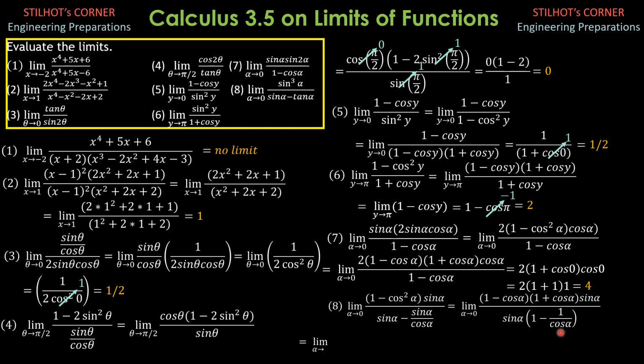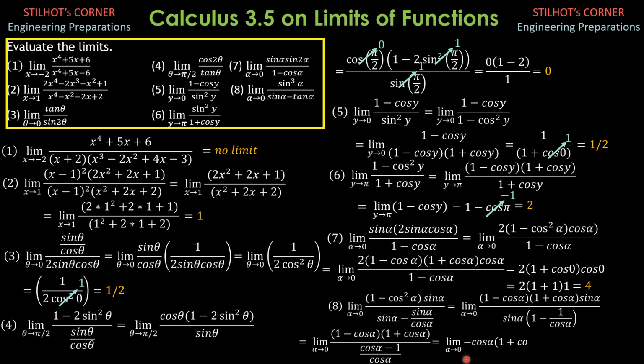So that would be limit as alpha approaches 0 of 1 minus cosine alpha times 1 plus cosine alpha times sine alpha. We cancel sine alpha, by the way. Then we have cosine alpha minus 1 all over cosine alpha. So if we change this 1 minus cosine alpha into negative of quantity cosine alpha minus 1, we can cancel cosine alpha minus 1. This becomes the numerator, but because it is negative 1 after canceling this, so we have negative cosine alpha times 1 plus cosine alpha.